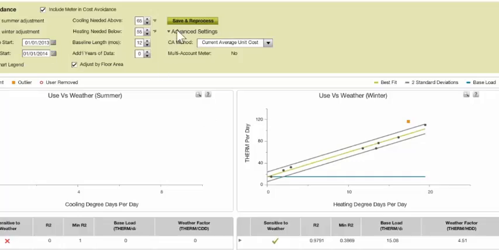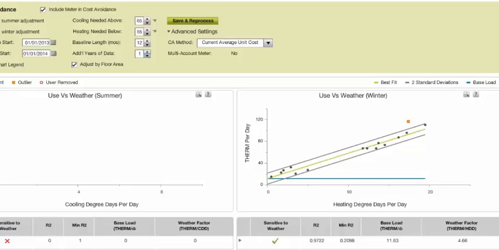One other thing that we can do with the interface, you'll see this additional years of data. This confuses people typically. I can set it, it defaults to 0, I can set it to 1, or I can set it to 2. When I increased it from 0 to 1, look at that, I got more points in the regression.